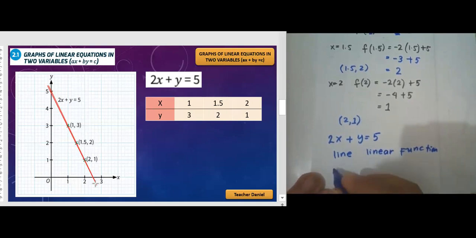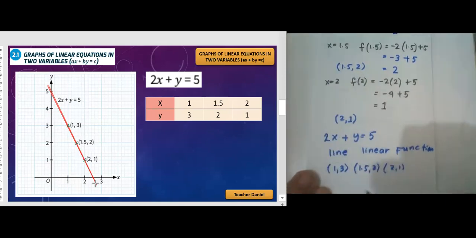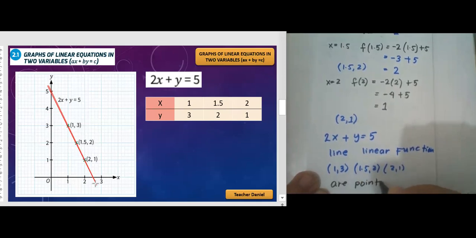We have said that the points (1, 3), (1.5, 2), and (2, 1) are points on the line. Don't forget, on the line.